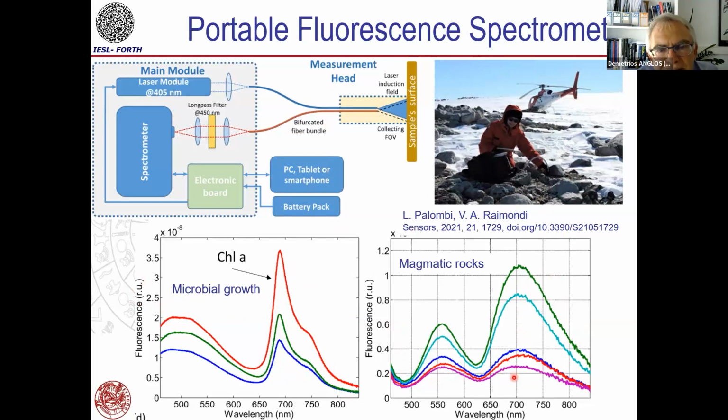Obviously, with the Raman system, one can see other things, but fluorescence is a very sensitive technique and quite often provides critical information in a straightforward and fast and easy way.